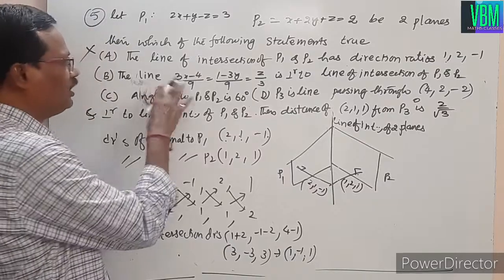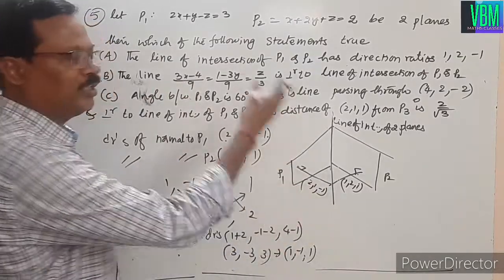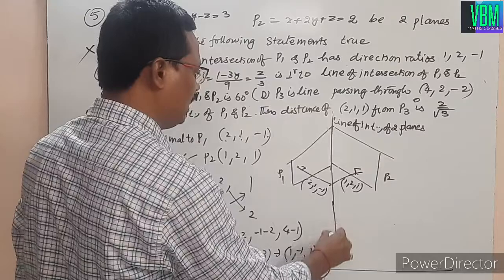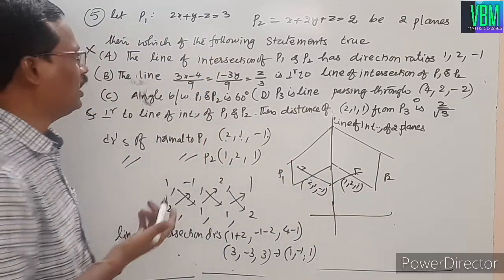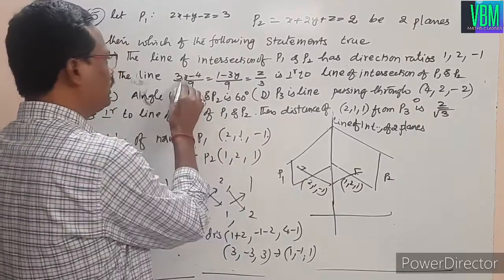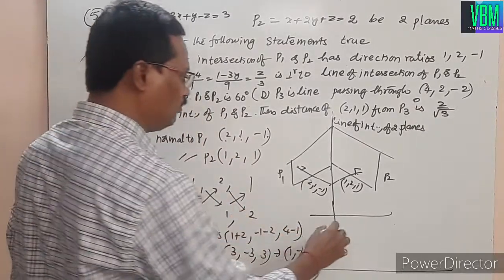Now, is this line perpendicular to the line of intersection? First, how do we write this line? Write it in standard form, where the coefficient of x must be a positive number.